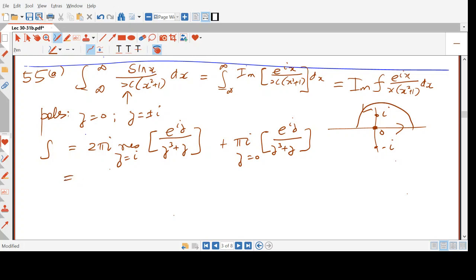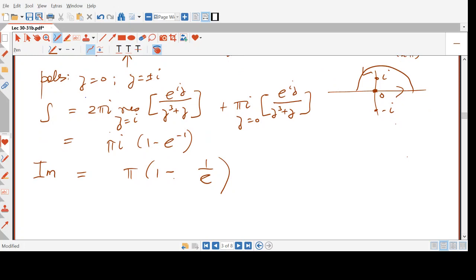Okay, by now you should be an expert at this. So you carry this out and you will get pi i (1 minus e to the minus 1). And we want the imaginary part, and that will just be pi (1 minus 1 over e). Imaginary part of that.